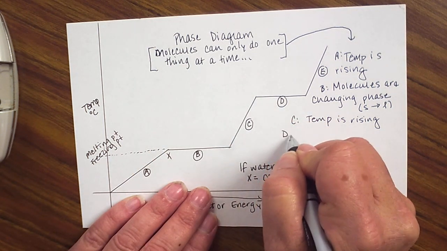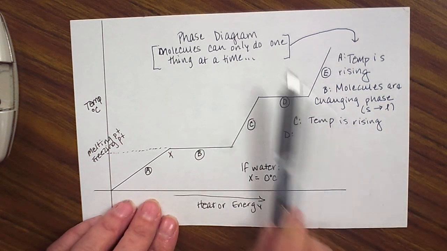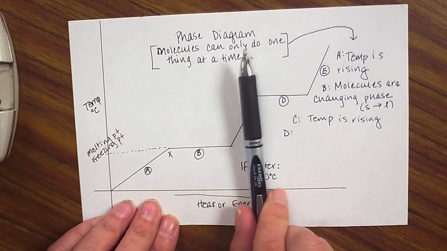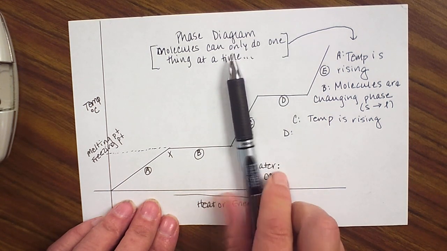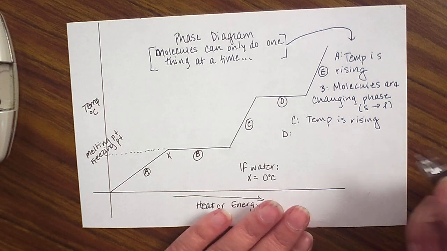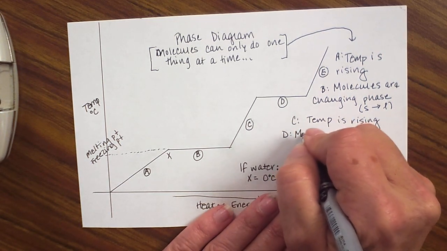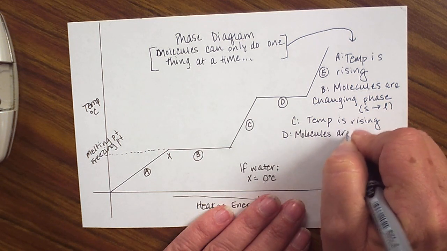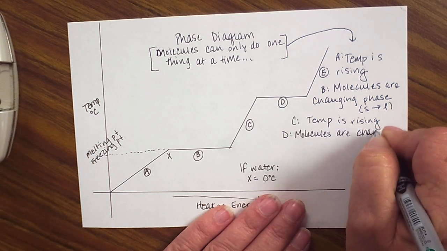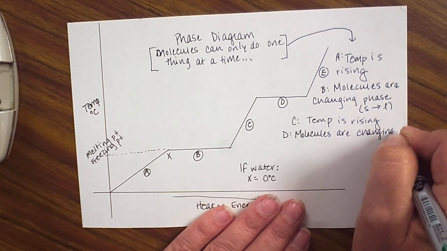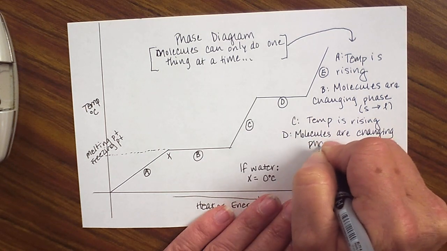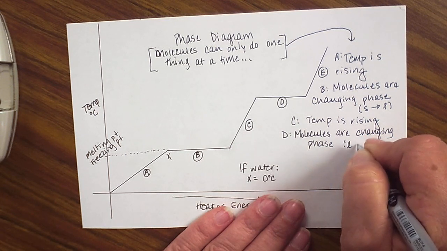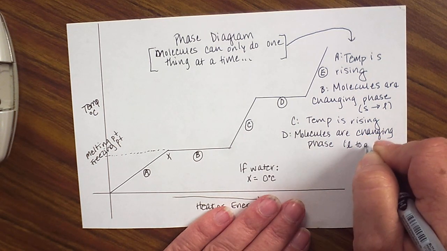And now we're at letter D. And what's happening at letter D? Is the temperature rising? No, it's staying constant. And so what's happening at letter D? Yep, the substance is changing phase. So the molecules are changing phase. And in this case, they are changing from liquid to gas.